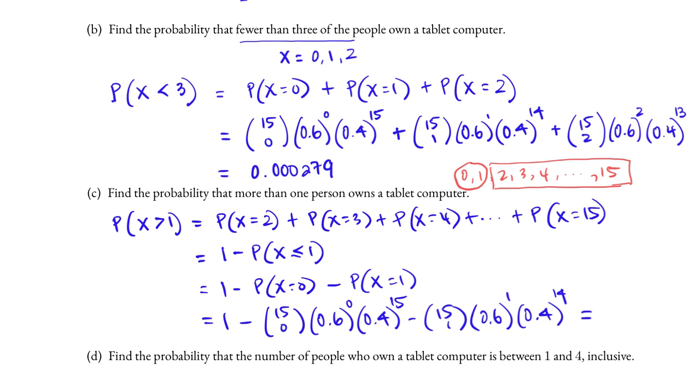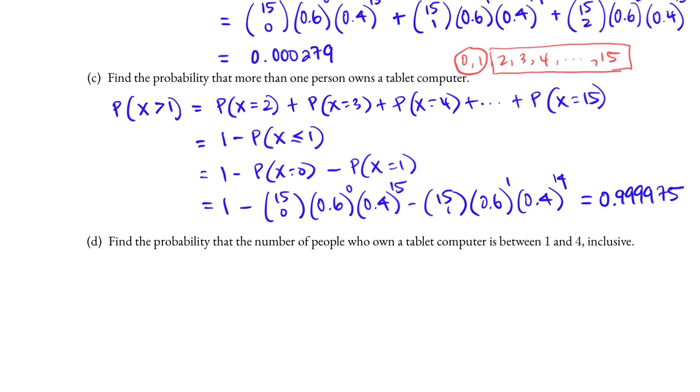And if we were to put it in a calculator, the lower value goes from 2 and the upper value all the way to 15 because we want more than 1. We will get 0.999975, where we round it to 6 decimal places.